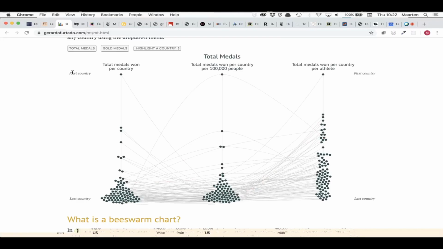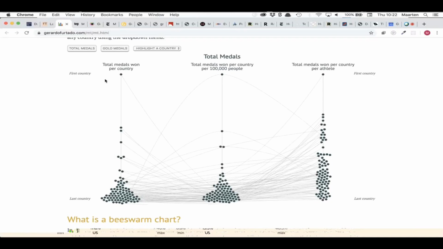So with three beeswarm plots, you get the distribution of these numbers for all the countries. This kind of visualization is also using something that we will see at the end of this webinar: the technique of parallel coordinates.